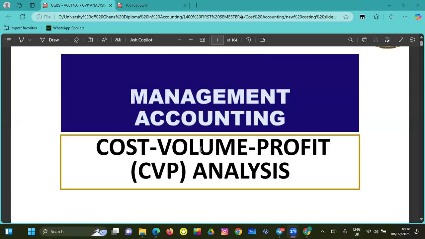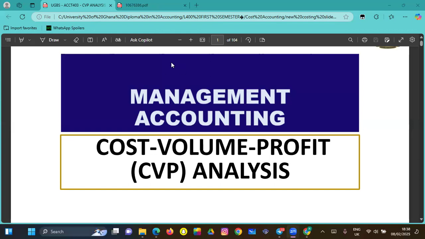Basically, cost volume profit analysis is a build-up of marginal costing. I told you that absorption costing ended in the previous session. From now up to the end of next semester, it's marginal.